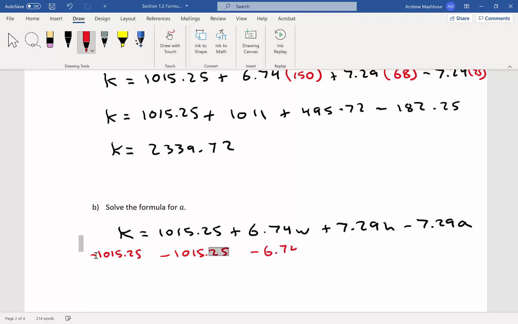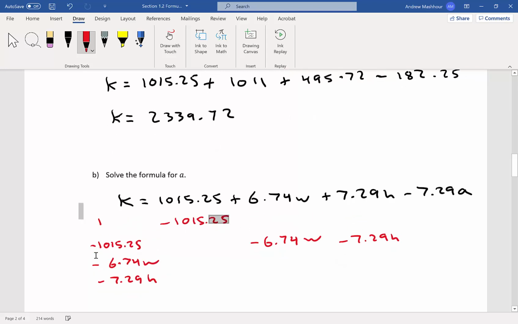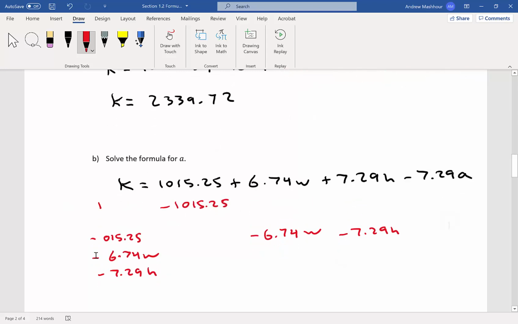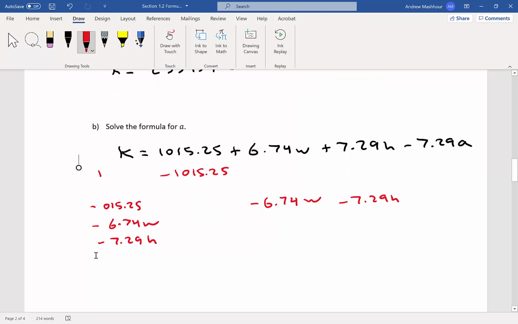This 6.74W, I want to move it to the other side as well. So minus 6.74W, I'm going to subtract that from both sides. The 7.29H, since it's positive, I'm going to have to subtract that to move it to the other side. Okay, so now let's take a look at what's left over.